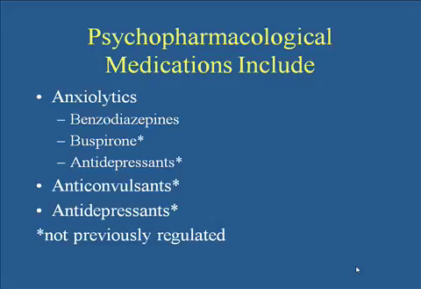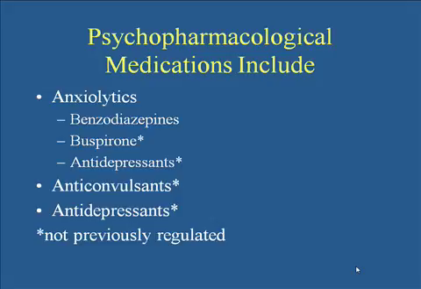But if we try to think about these as anxiolytics, anticonvulsants, and antidepressants, then we'll talk about each of those major categories. Where it really gets confusing is when we have an antidepressant, because we know that certain classes of antidepressants are used for anxiety as well as antidepressant use. So we have to be cognizant of what the indication is and how they fit into this regulation.